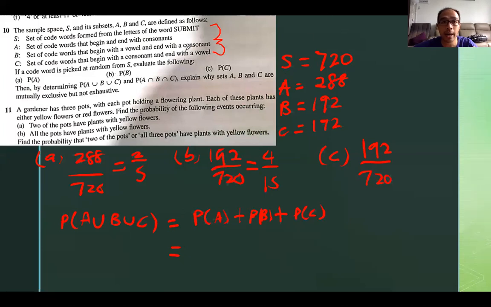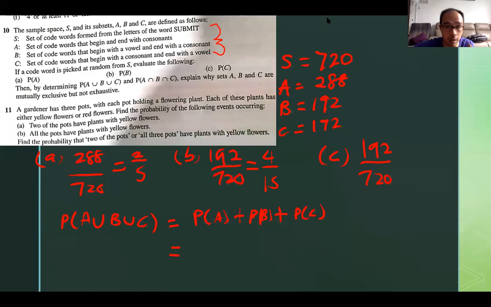This needs us to think a little bit more, but actually there is no overlap, because words that begin and end with consonants cannot be the same words that begin and end with one vowel and one consonant, or one consonant and one vowel. So all three of these are actually exclusive because they cannot overlap. If the word begins and ends with a consonant, it cannot overlap with a word that begins with a consonant and ends with a vowel. It's not possible.